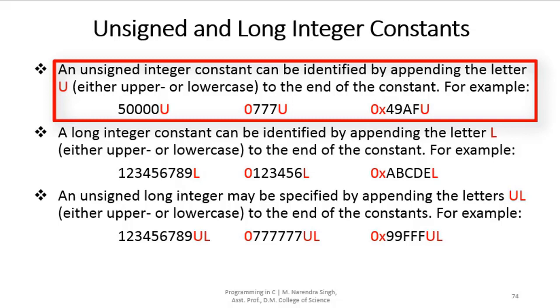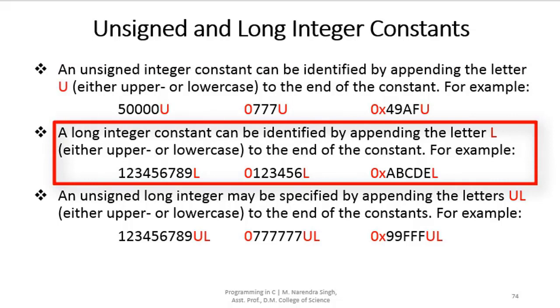Similarly, u is appended to octal integer constant 777 to indicate that it is an unsigned octal integer constant. And u is appended to hexadecimal integer constant 49af to indicate that it is an unsigned hexadecimal integer constant.